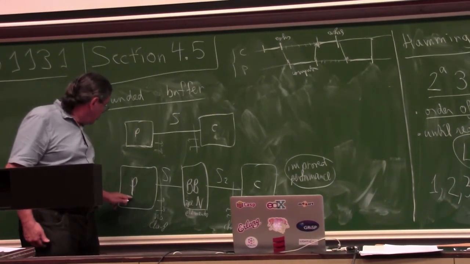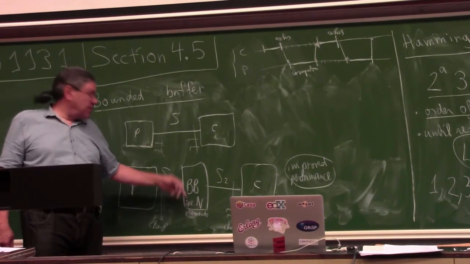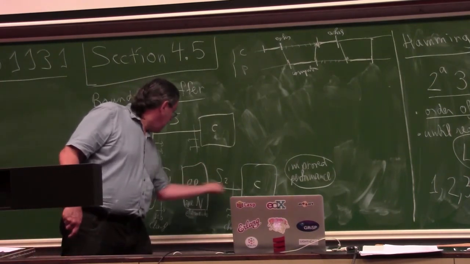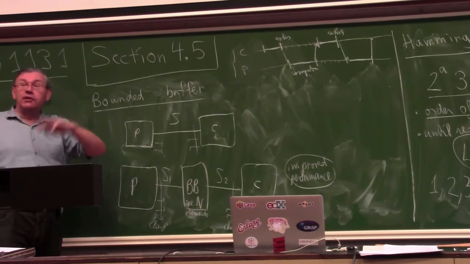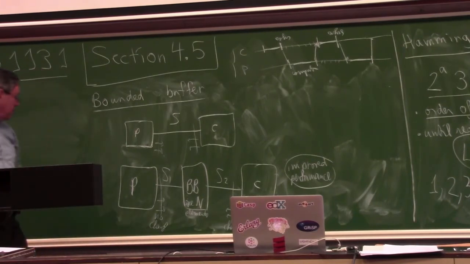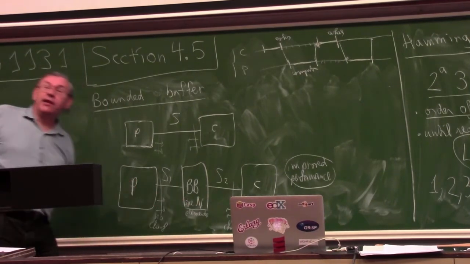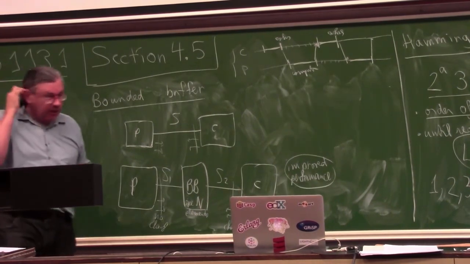Okay? So the producer will be eager until the buffer is full. And then it becomes lazy again. And if the consumer takes elements out of the buffer, the producer will become eager again. So the producer will alternate between eager and lazy. Okay? It starts eager, but only for n elements, and then it becomes lazy. So it's kind of a combination of eager and lazy.